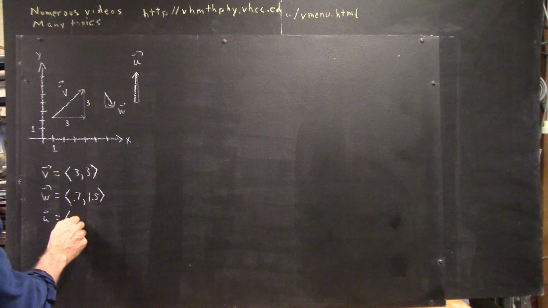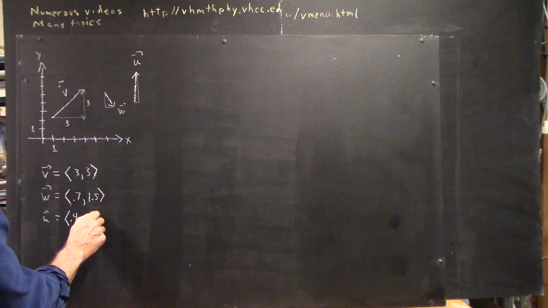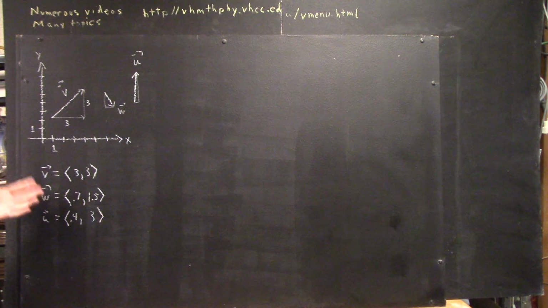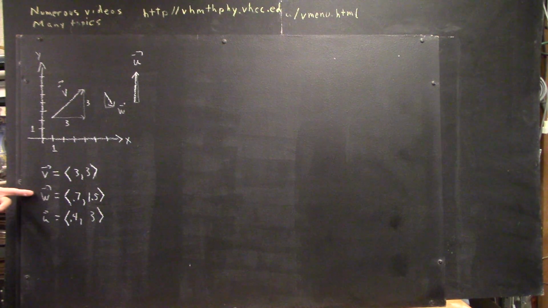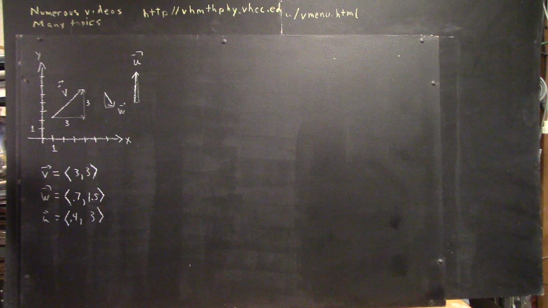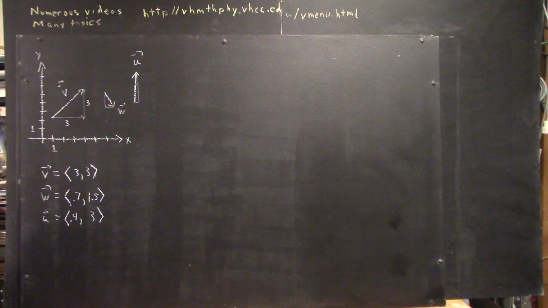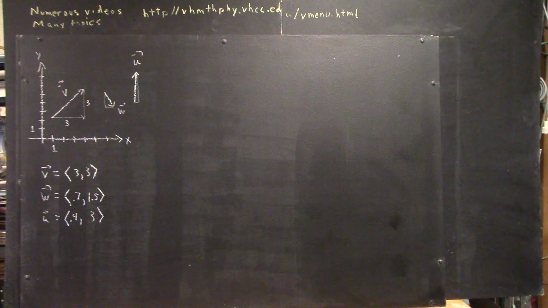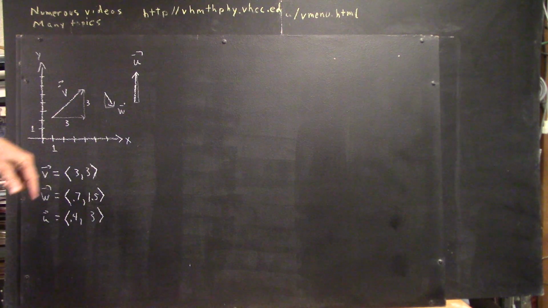I'll just say 0.4, 3. So, these are the displacement coordinates of the vector, okay? Might not use that term, displacement coordinates. These are the components of the vector.